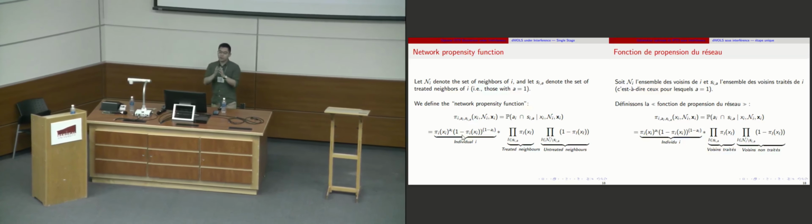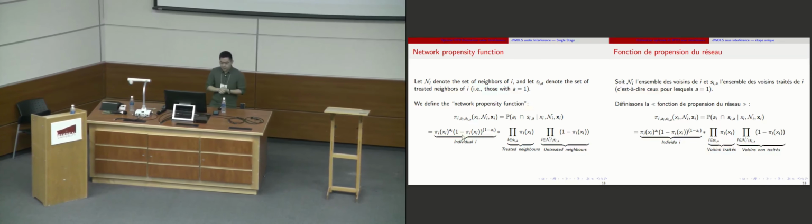That's also a balancing score. In the presence of interference, we can balance the individual's covariates among the treatment combinations. We consider the neighborhood and each individual, and the treatment is a combination. We can balance the covariates among these treatment combinations. That's the main idea for the network propensity function.